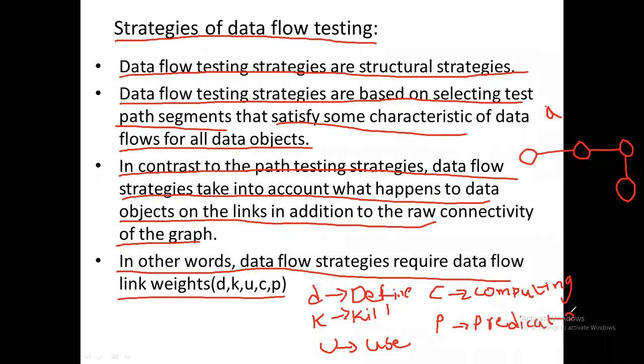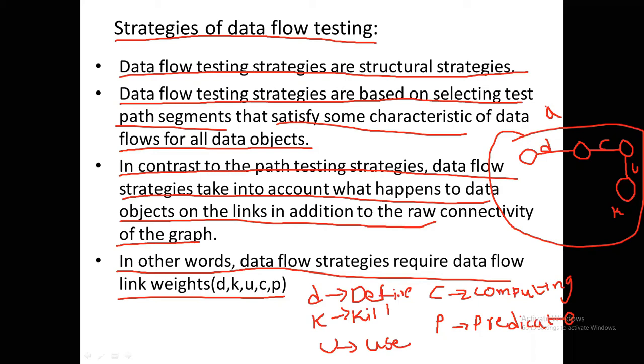Okay, so that means data flow strategies require data flow link weights. For example, this is the data flow for data object A. Now you can specify the D, the C, like that. D means define, C means compute, U means usage, and K means kill. You can specify like this.